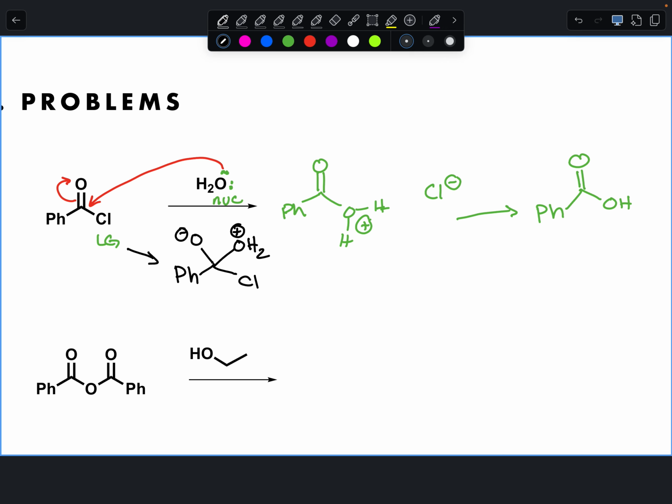Okay, so up until now, what we've been doing is we've been looking at carbonyls, whether it be aldehydes or ketones or carboxylic acid derivatives, and we're like, okay, I know that I have a delta minus on the oxygen, I have a delta plus on the carbon.